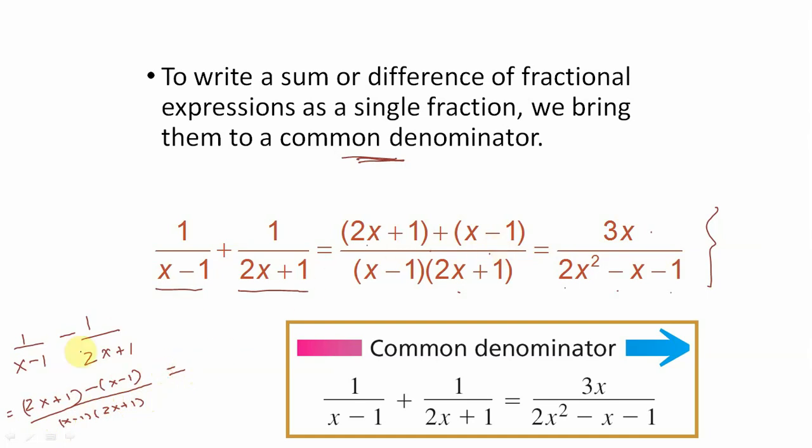Then instead of 3x, I would have obtained 2x minus x, which is x, and 1 minus minus 1 is 2, so x plus 2 divided by 2x square minus x minus 1. In both cases I have first brought the denominators to a common denominator. So for addition or subtraction of fractional expressions, I multiply the denominators to bring them to a common denominator.